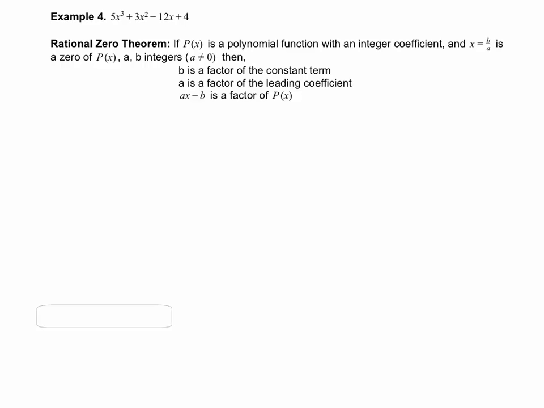What do we do then when our leading coefficient is not 1? In this example, our leading coefficient is 5.